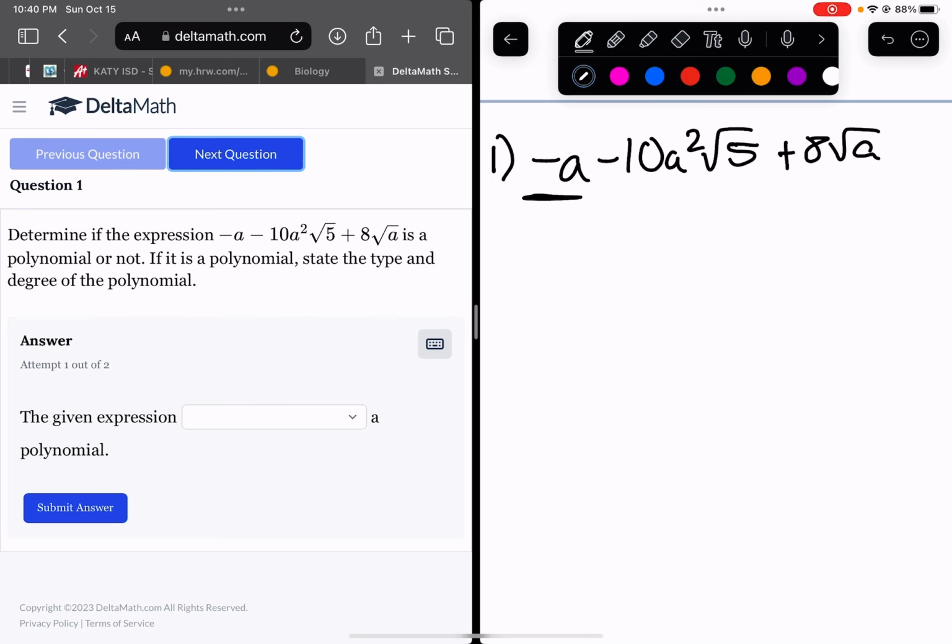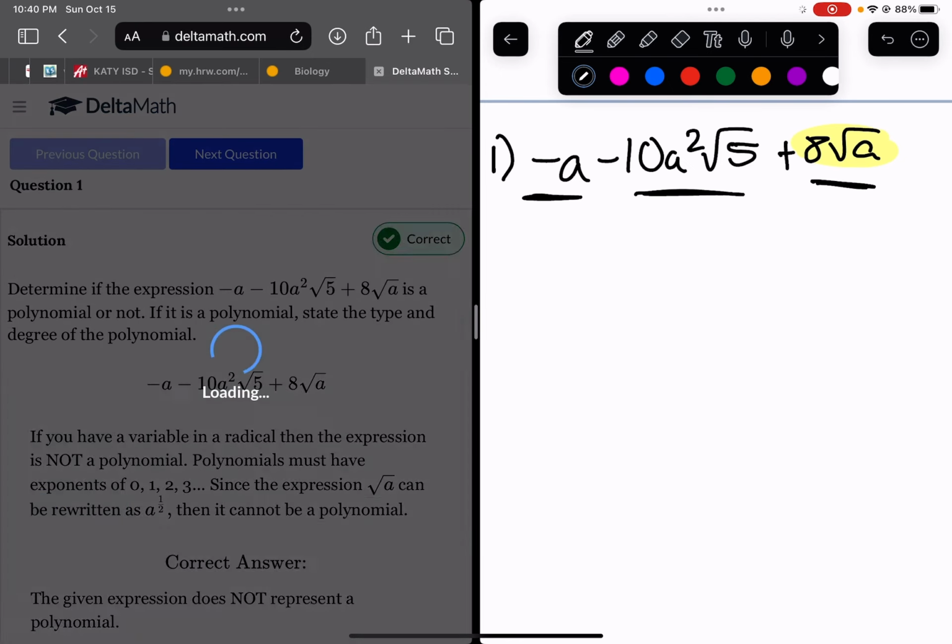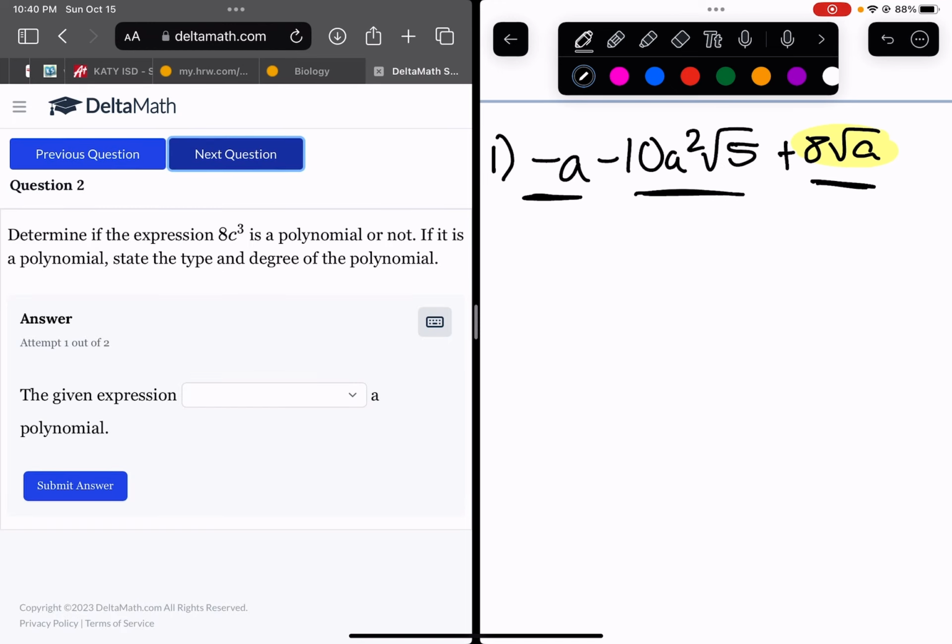So this term's fine, nothing weird. This term's fine. However, this last term is no good because we have a variable inside of the radical. So because of that, this is not a polynomial.